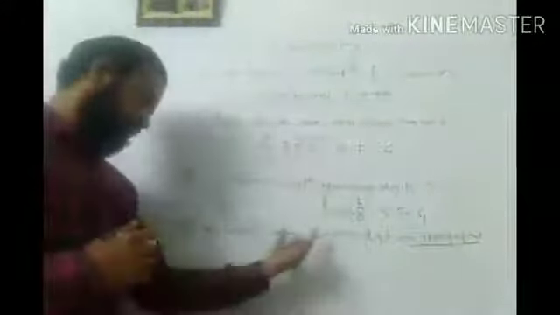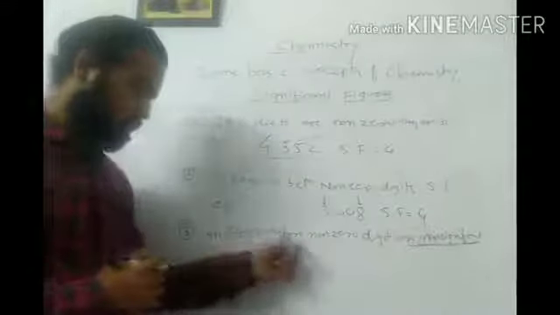According to the rules so far, if all digits are non-zero, they are significant figures, and all zeros in between non-zero digits are significant figures. Now the third rule: all zeros before non-zero digits are non-significant.